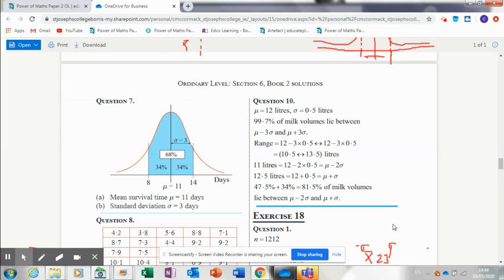The mean quantity of milk produced daily by a cow in a dairy herd. Again, draw out your normal distribution. Anytime you're getting questions on the empirical rule, you need to draw out your normal distribution. Draw out just your rough diagram and put in what you know.